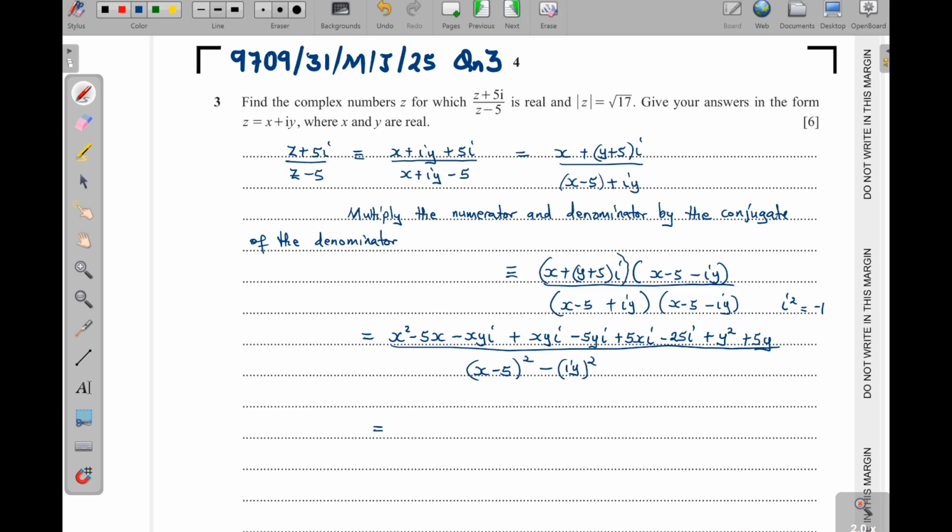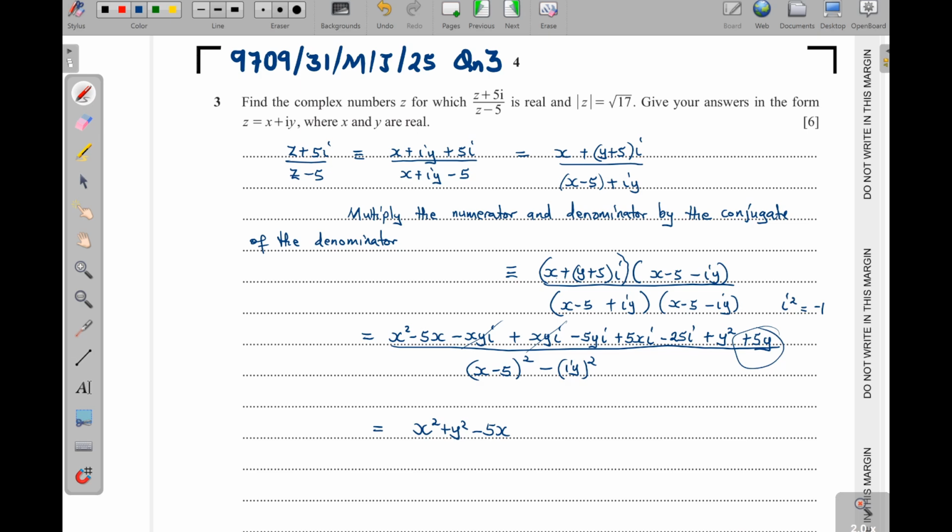Okay, let us simplify this one here. We put the real parts together. We have x squared, there is plus y squared, then there is minus 5x here, then of course this one will go with that. What else do we have?